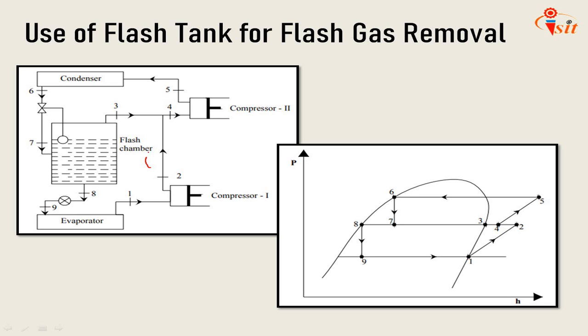As a result, the inlet condition to the high stage compressor will be slightly superheated. A two-stage compression system with flash tank for flash gas removal for refrigerants such as R134a is shown here, and the p-h chart is also shown here.